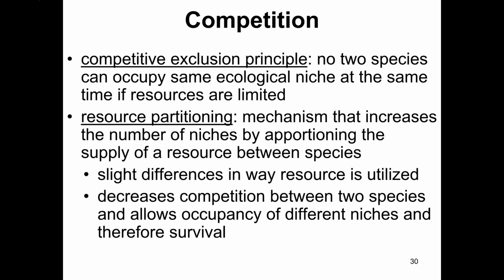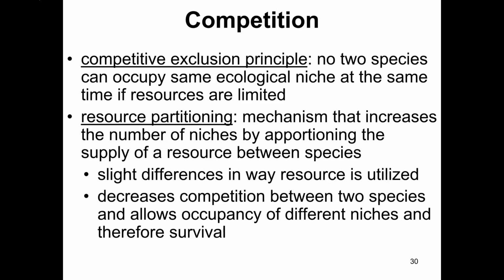The competitive exclusion principle states that no two species can occupy the same ecological niche at the same time if you have limited resources. You can't have two species that are both trying to get the same food if there's not enough food. One of those species is going to outcompete the other, and the other species is either going to have to leave or they're going to die.